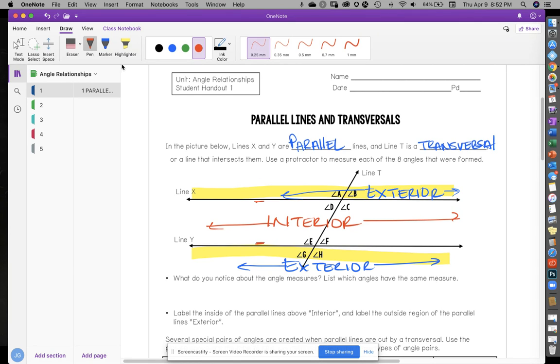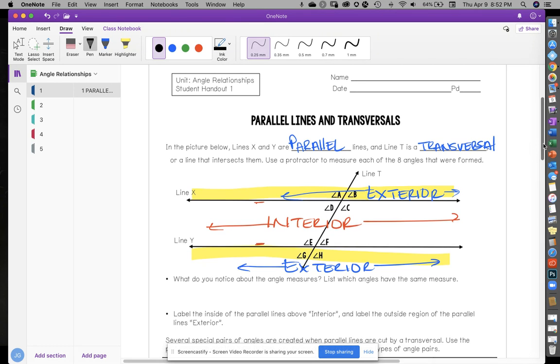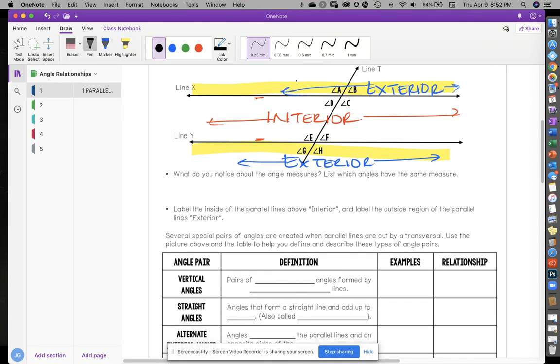You honestly don't even need to measure these with a protractor, because there are some rules that I'm going to teach you here. But you should know from previous math classes that angle A plus angle B gives you a straight line, and a straight line is 180 degrees.